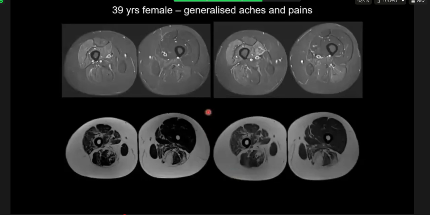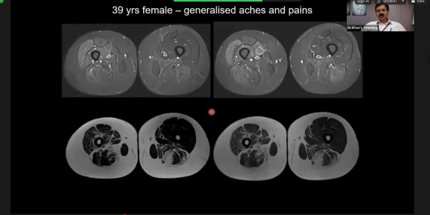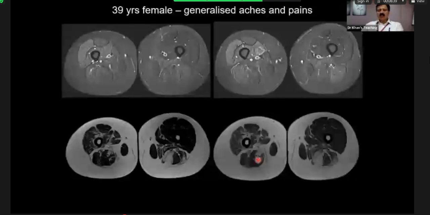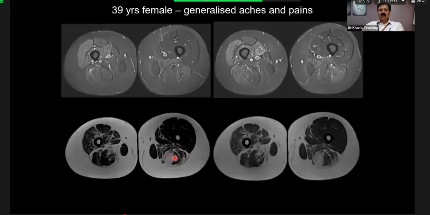Right. So if you see here, quite chronic. So please remember, when there is acute, muscle is healthy at that point bulk-wise, and there will be increased signal like this. When there are chronic changes, there will be fatty atrophy. So fat deposit, and fat will be high on T1 weighted sequence, and it will suppress on the STIR sequence.